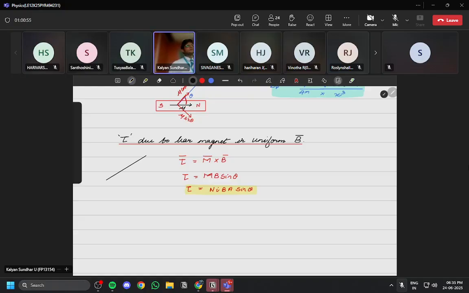This will be your bar magnet, right? This is the north pole, this is the south pole, which is placed in your magnetic field, and this is the angle theta.